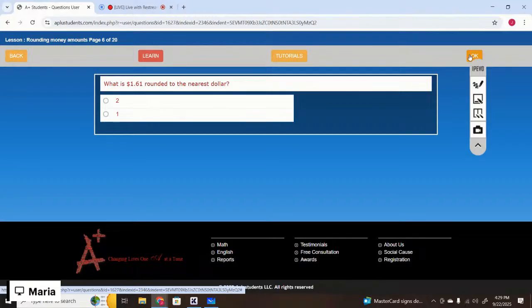What is 1.61 rounded to nearest dollar? So which is the correct option?